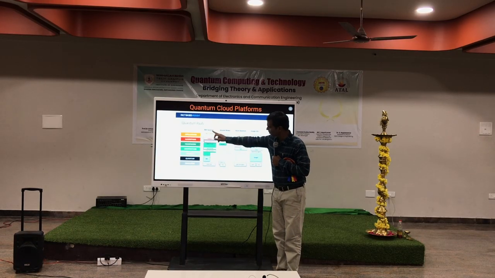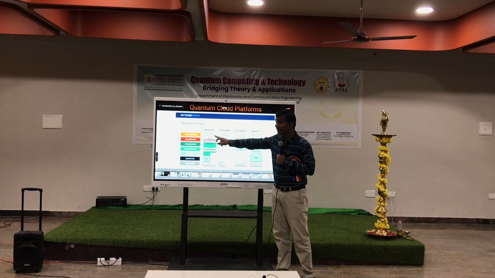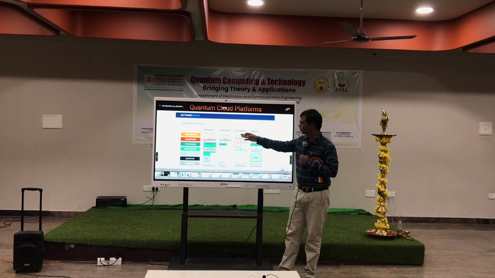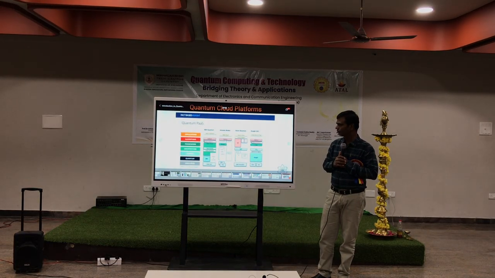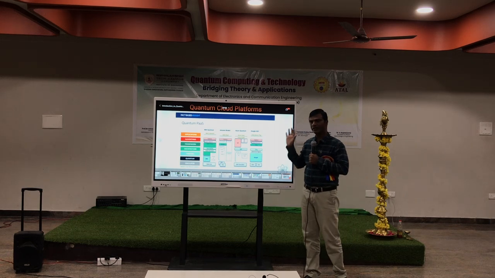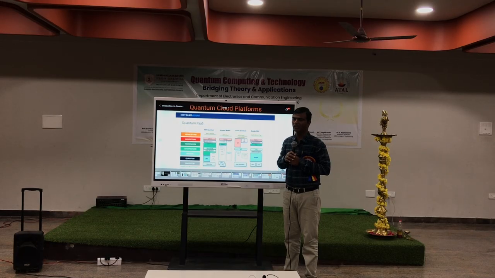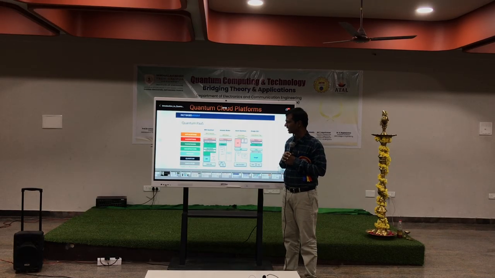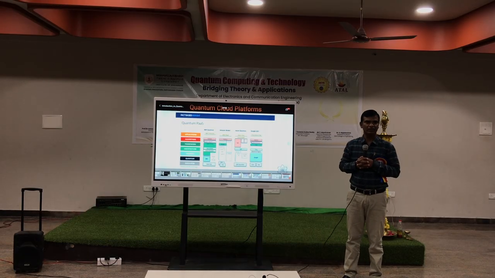This is how your IBM quantum PaaS has been aligned. Similarly for Braket, Azure and Google's. For every layer you need a workforce. Without humans, you cannot do that. Okay? This is how the quantum cloud platforms are. Any doubts?